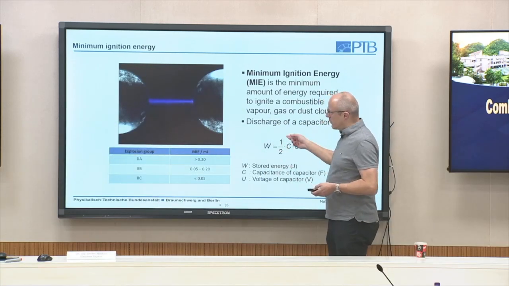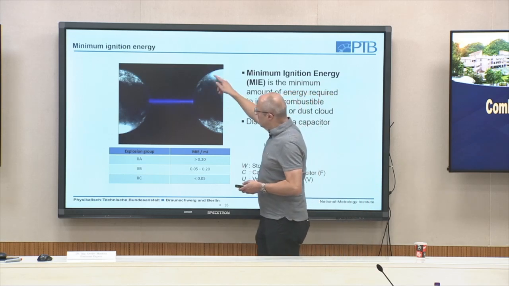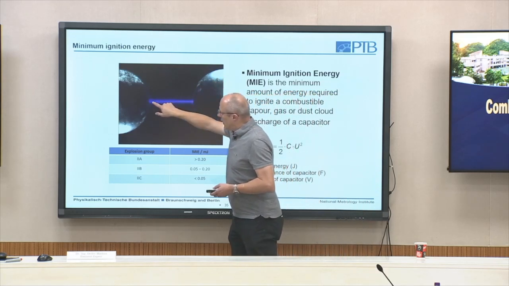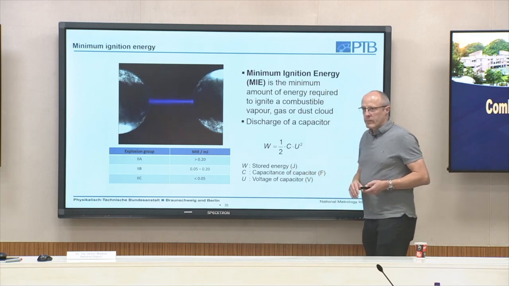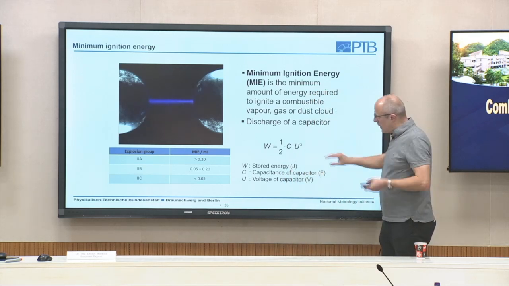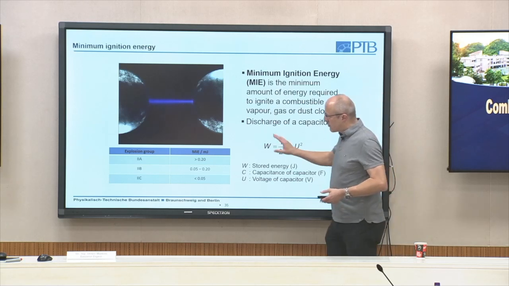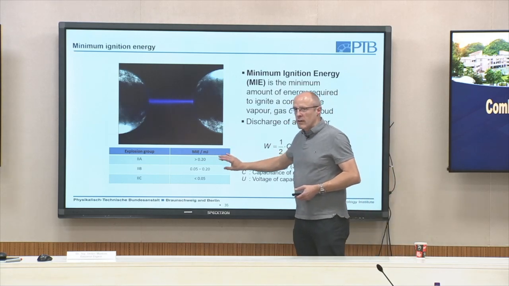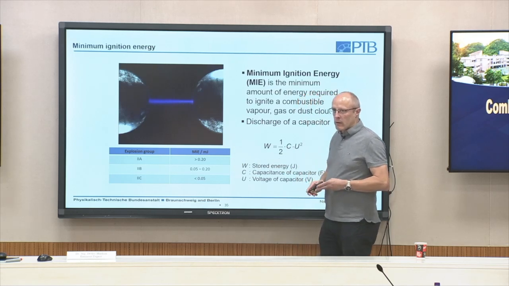So we find only the energy value, but it depends on the shape of the electrodes, the electrode distance, the mixture composition. But nevertheless, we have this value, and it's a very helpful value because it's one of the possibilities to classify our substances into these three groups.